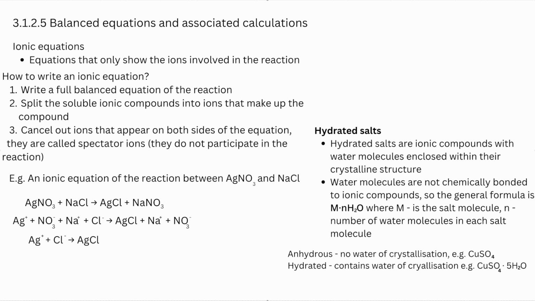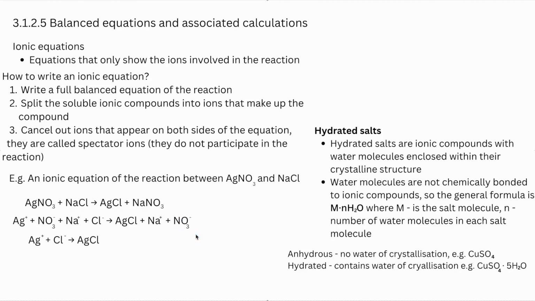In the second step, we split the soluble compounds into the ions. Silver nitrate splits into Ag+ and NO3-, NaCl splits into Na+ and Cl-, and on the right side of the equation, AgCl does not split because it is insoluble, it does not dissolve, and sodium nitrate splits into Na+ and NO3-.